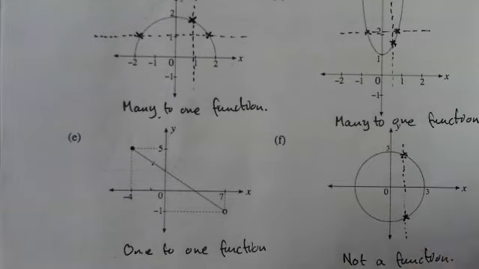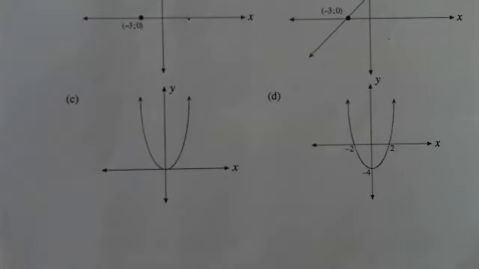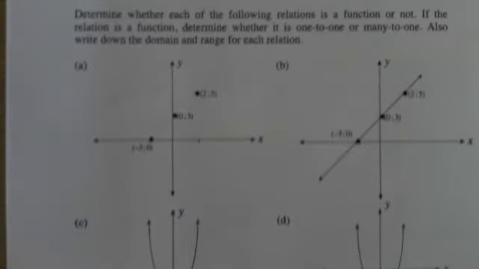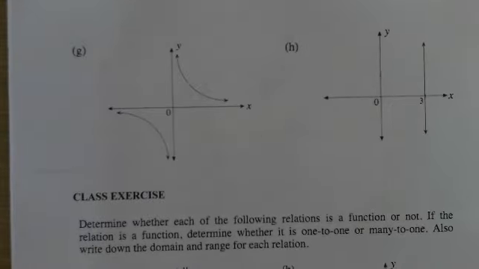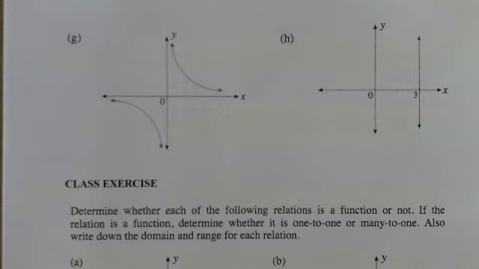Right. Let's see. What else do we have here? Oh, right. We still have some more things to test. Now, tell me, that G there, is it a function or not? Yes, because if you draw a vertical line, it's only going to cut once.